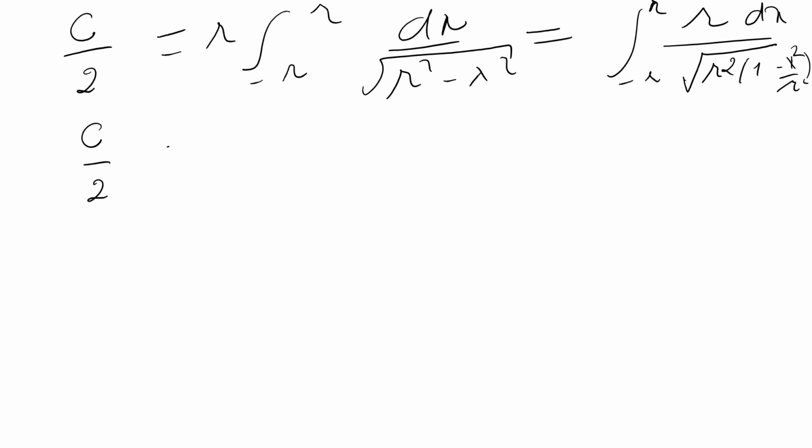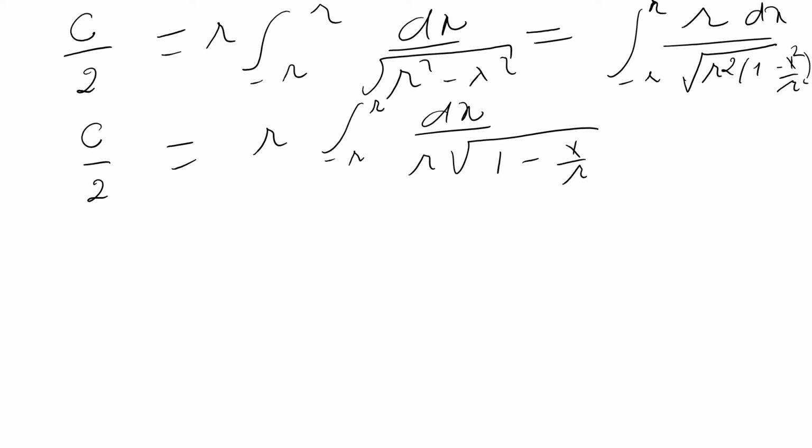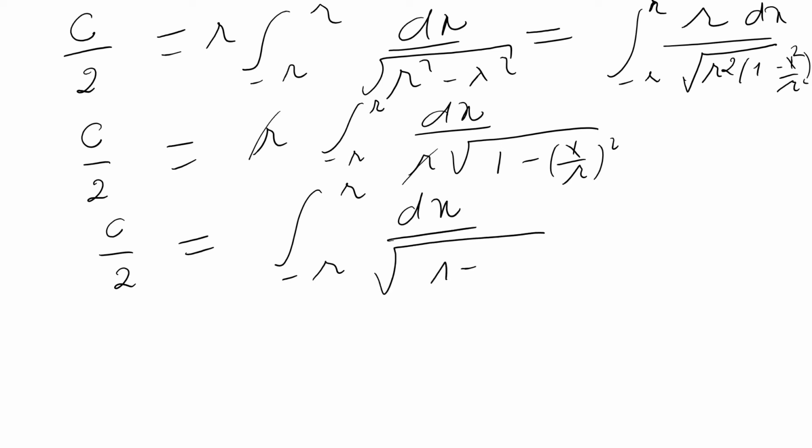C over 2 is the same as having r, the integral from negative r to r, then dx over r times the square root of 1 minus (x over r) squared. We can simplify this and this. C over 2 will be equal to the integral from negative r to r of dx over the square root of 1 minus (x over r) squared.